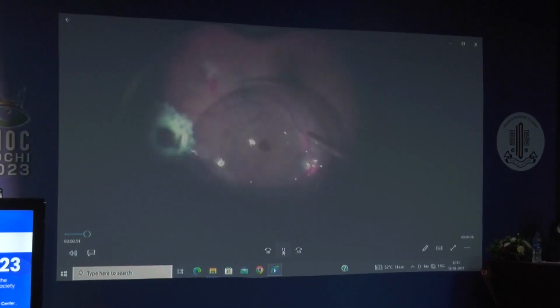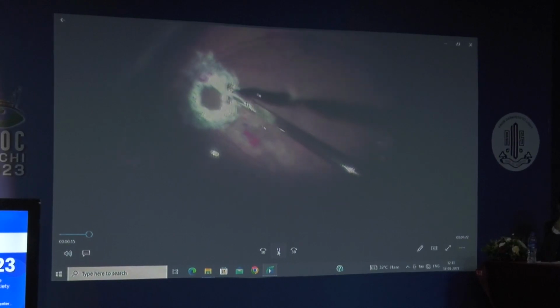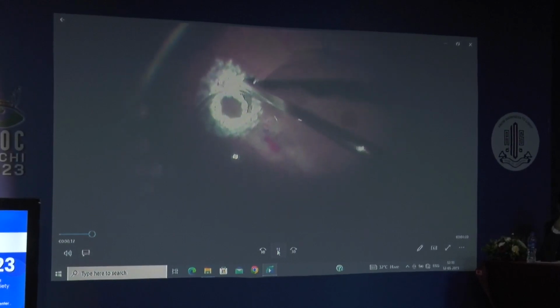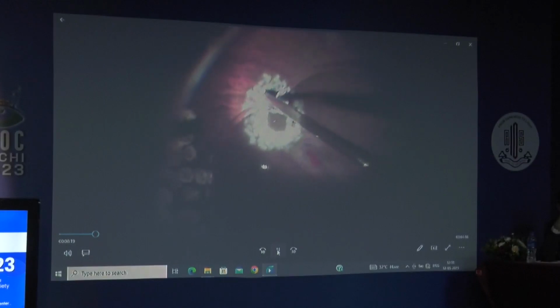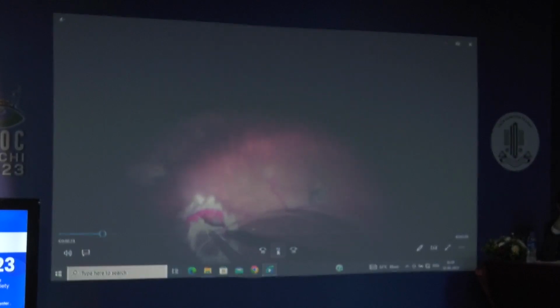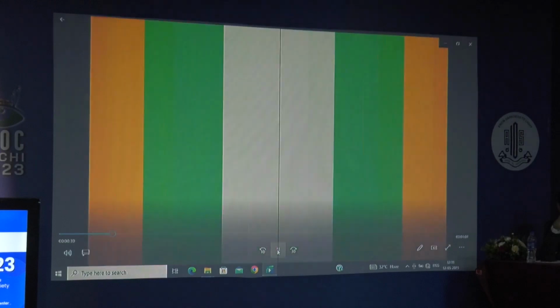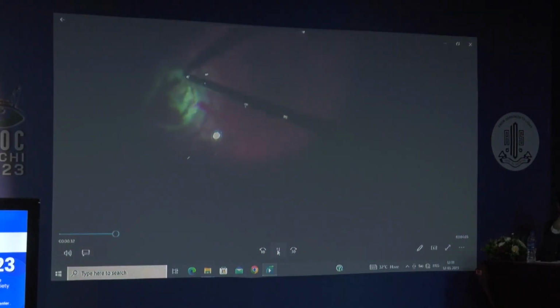As you can see, I've put the PFCL and that is the graft area. So often I'm trying to lift the graft, I'm trying to dissect the graft with a cutter, and then after 360-degree dissection, it is occasionally difficult to lift it up.